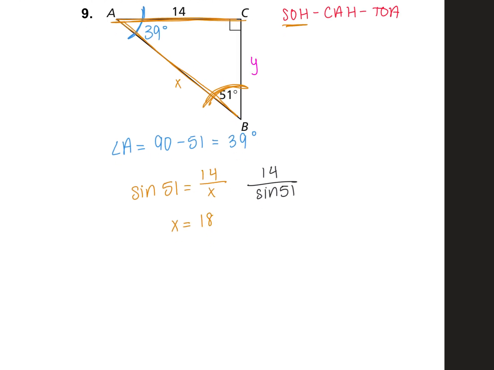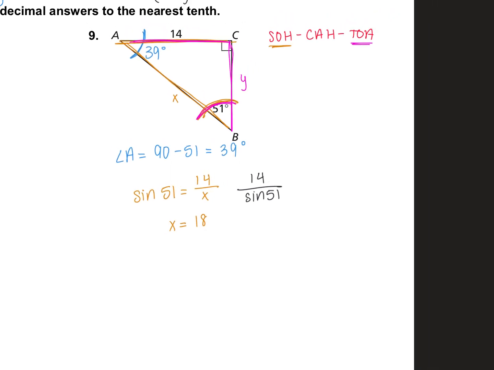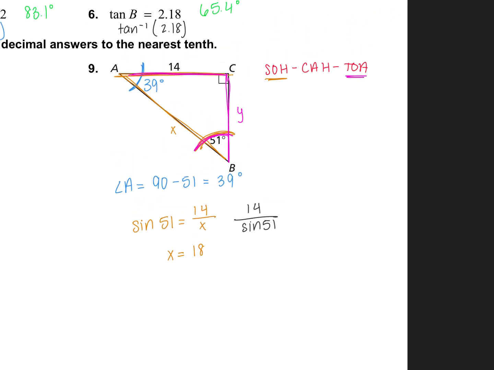All right, now looking at my y, what I have is angle 51, my opposite side, and I'm solving for my adjacent side. For that one, I'm going to be using TOA, tan. Plugging in, I'm going to have tan 51 equals opposite, which is 14, over my adjacent side.